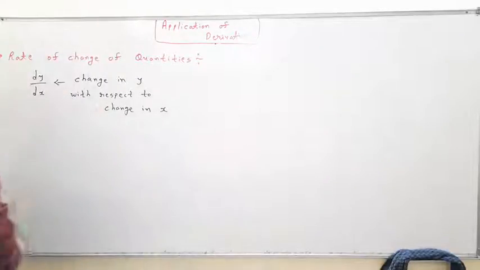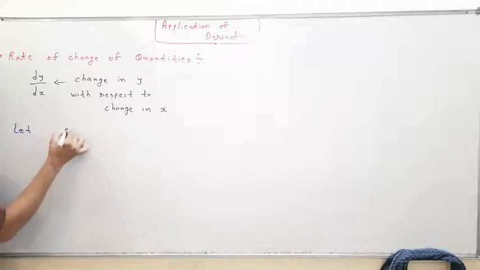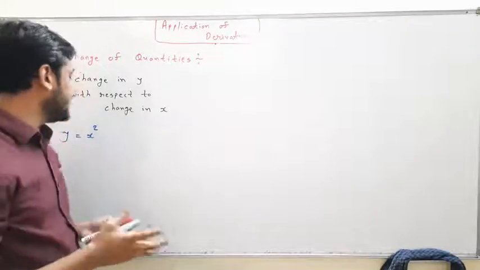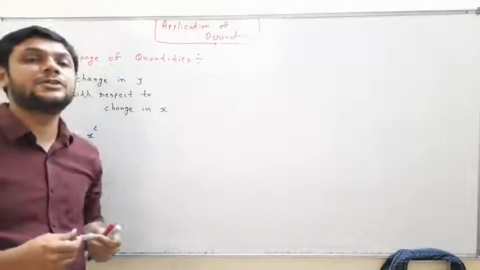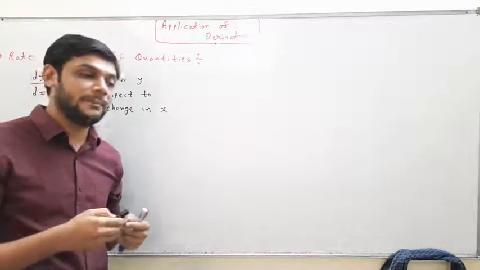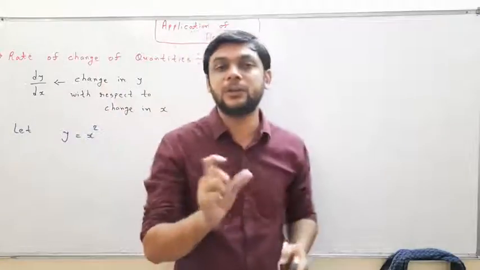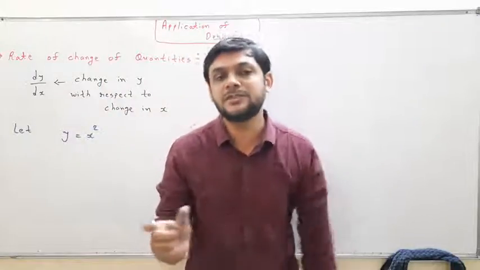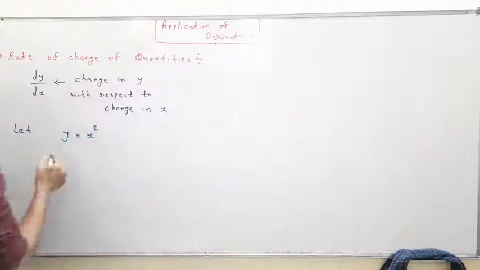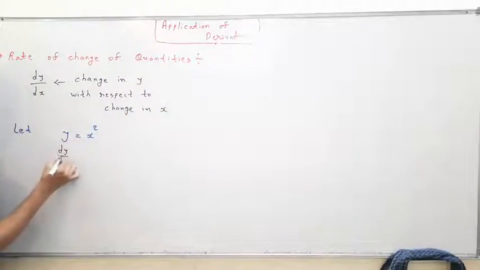Now let the function be given in the form of y and x. Let y is equal to x square, and the question asks to find the rate of change of y. Rate of change of y means y with respect to t, with respect to time. Rate of change always means with respect to time. So we have to find dy by dt.